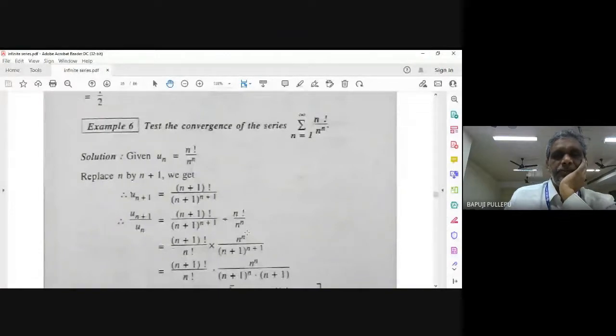This is also the same story. n plus 1 factorial, this n to the power of n plus 1. Power also increases by 1.